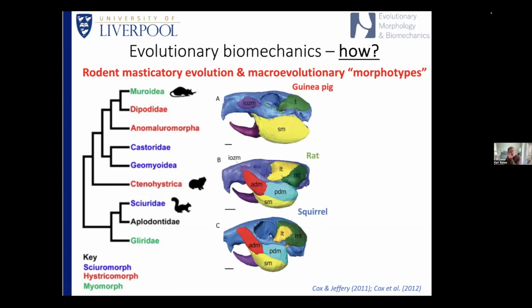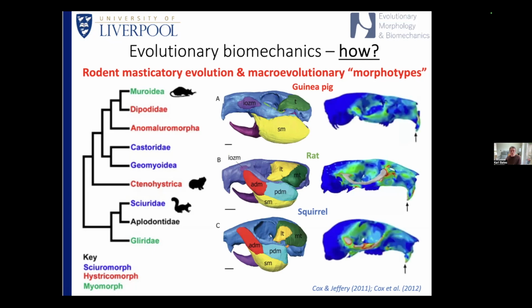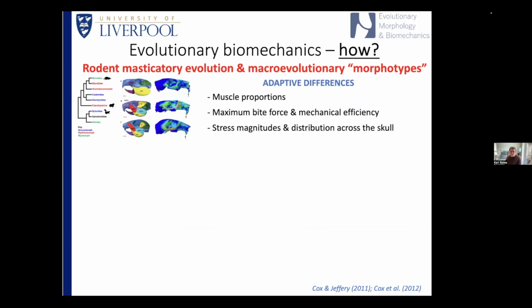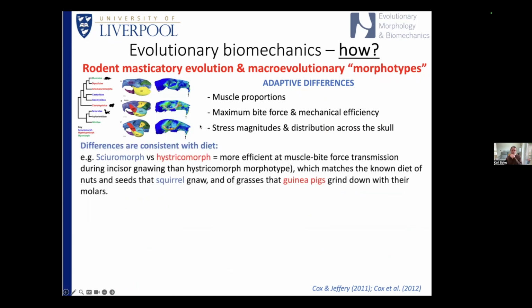And it's really all about the different relative sizes of these muscle groups that I'm not going to go into and name because we don't need to get into that. And these different muscle proportions seem to be highly predictive of the way that these animals eat. So there are links with maximum bite force and efficiency and stress magnitudes and stress distribution across the skull as these animals feed. So for example, in our squirrel and guinea pig type, I'm not going to try and pronounce these words, I'll just use the squirrel and guinea pig type terms.